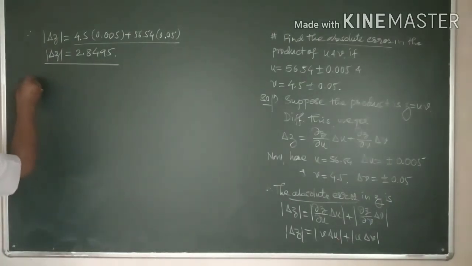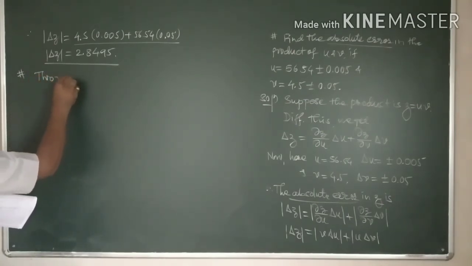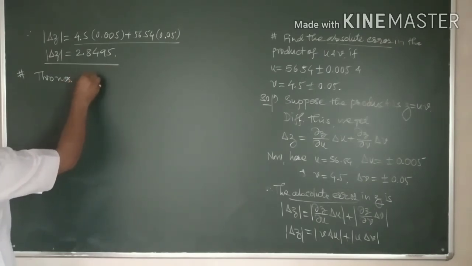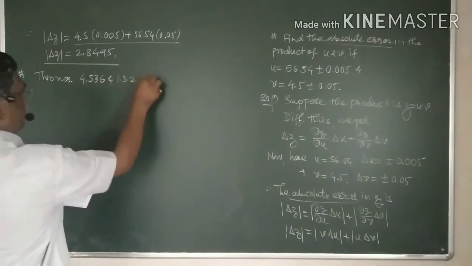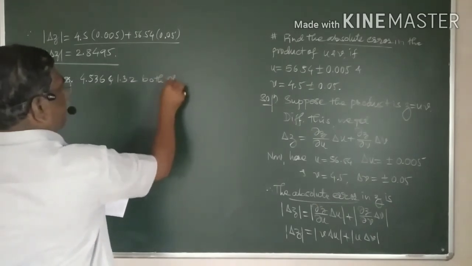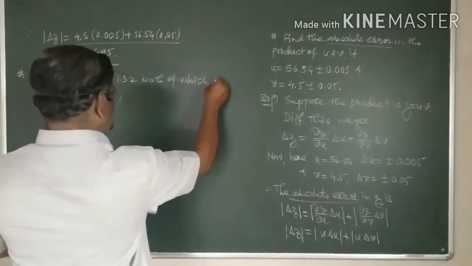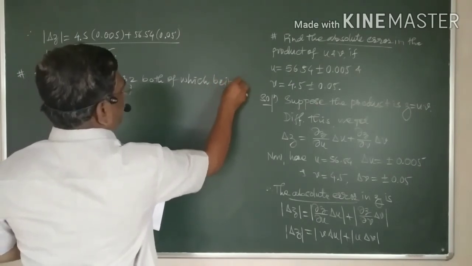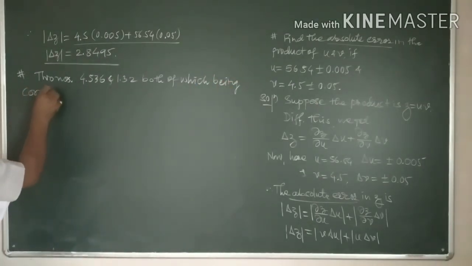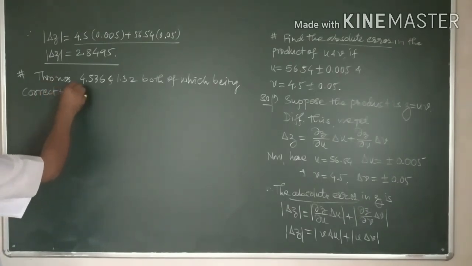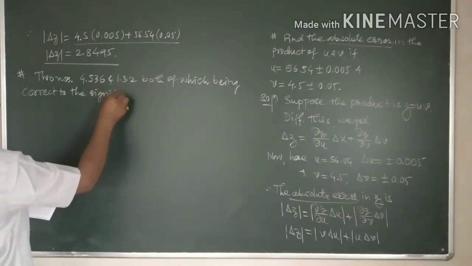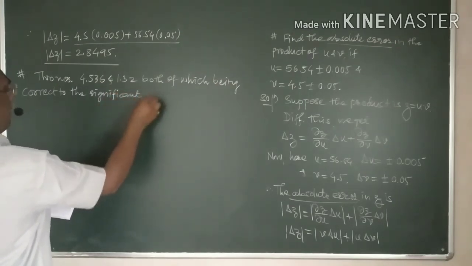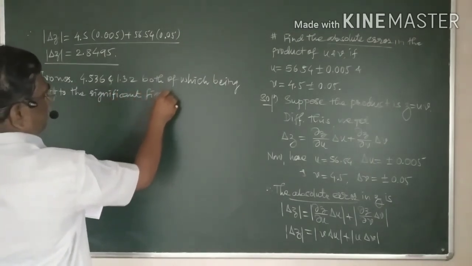Just write here number 2, another example, which is that two numbers 4.536 and 1.32, both of which being correct to the significant figures given.